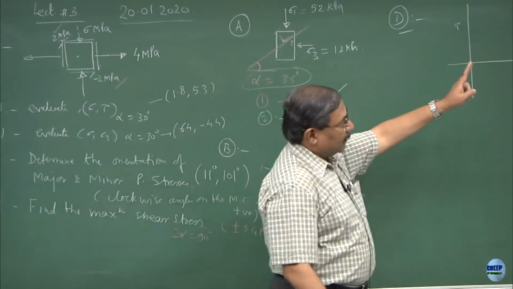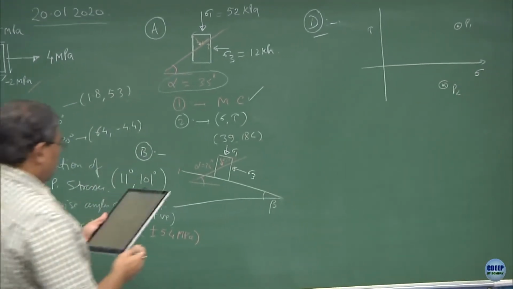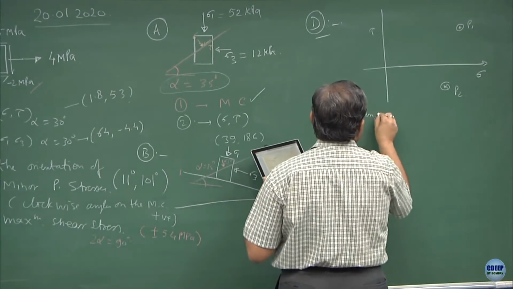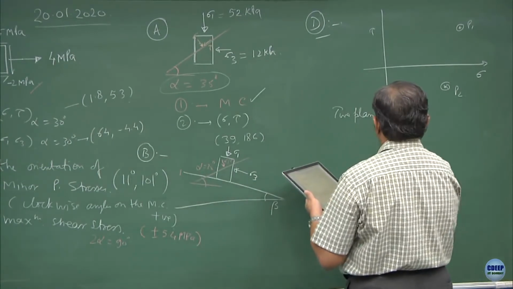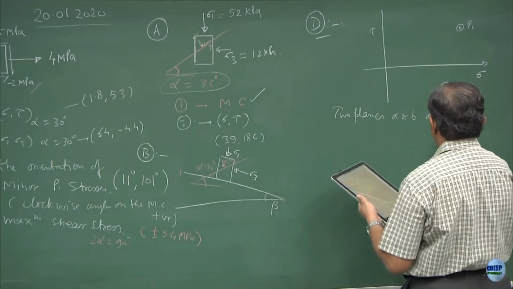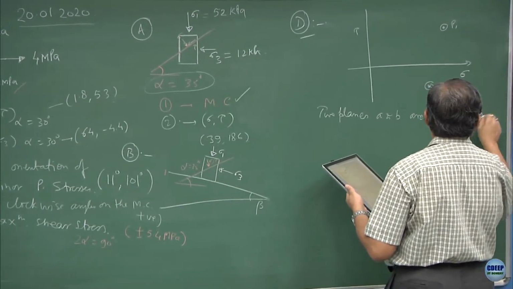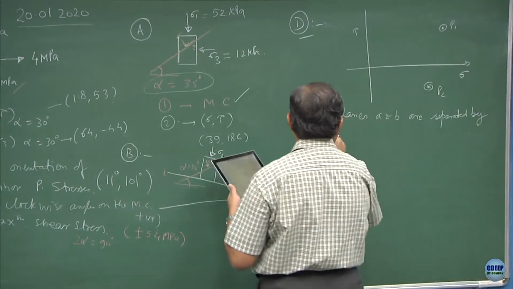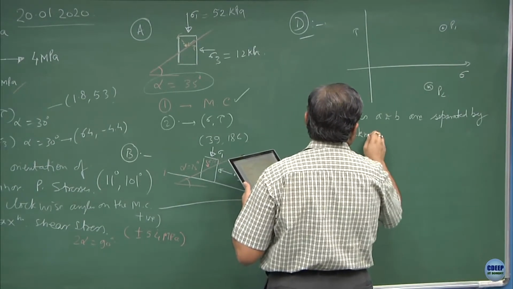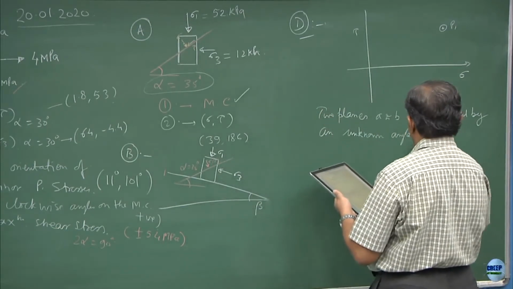So, try to solve this type of problem, and the problem statement is two planes A and B are separated by an unknown angle. Let us say this angle is theta.